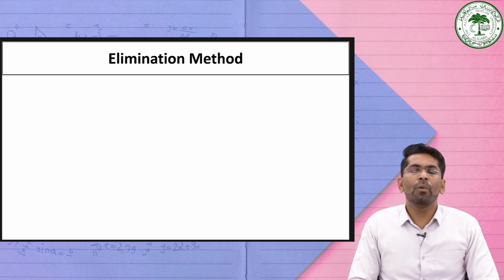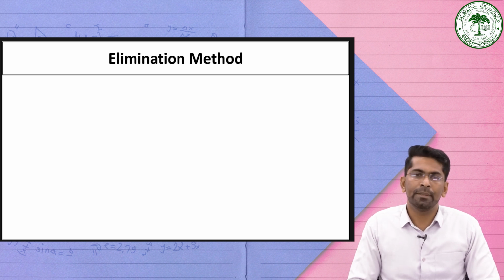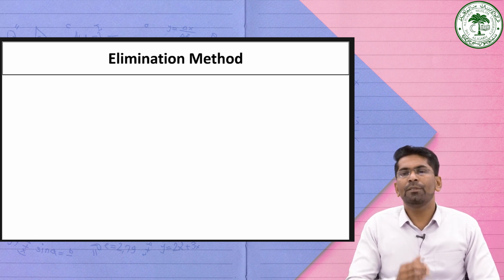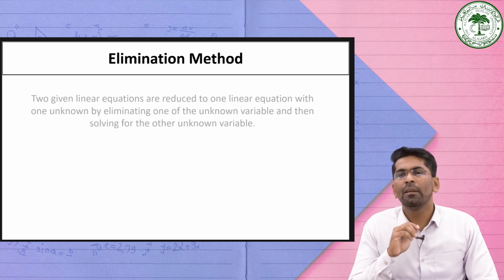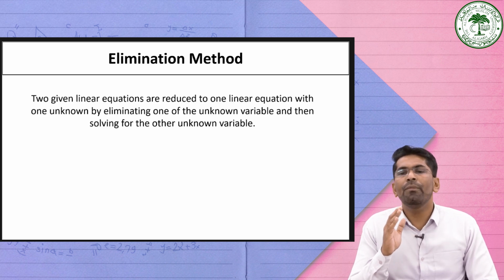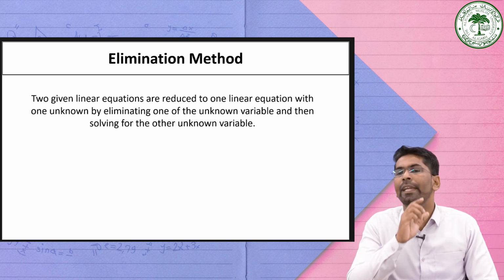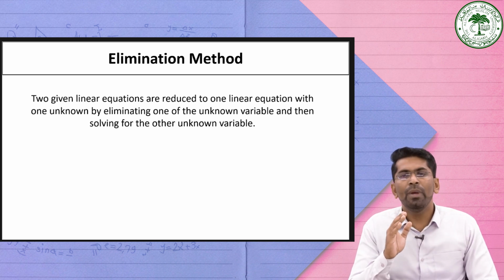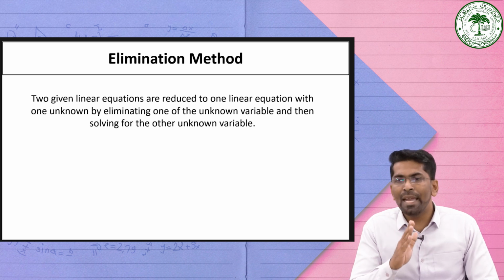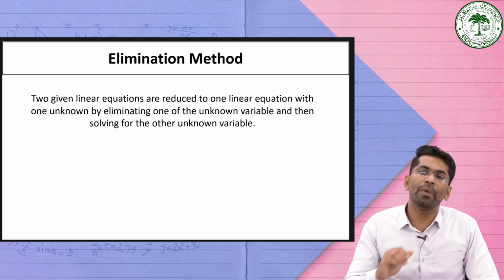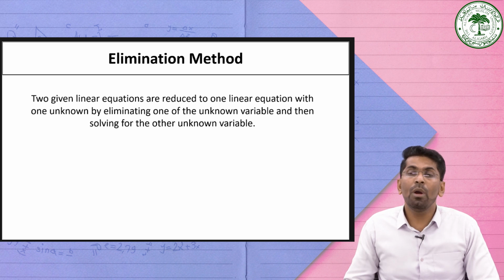Now the first one we are going to consider is the elimination method. In the elimination method, the two given linear equations are reduced to one linear equation with one unknown by eliminating one of the unknown variables and then solving for the other unknown variable.